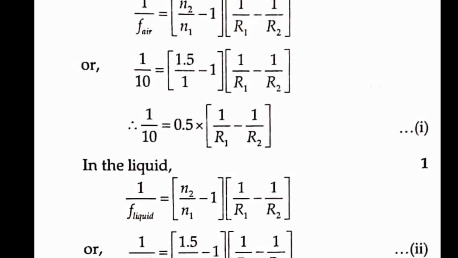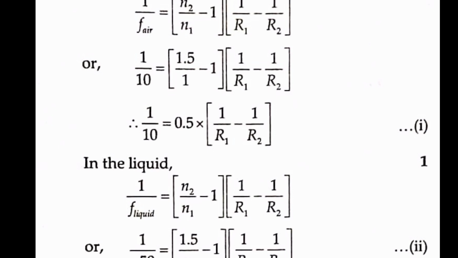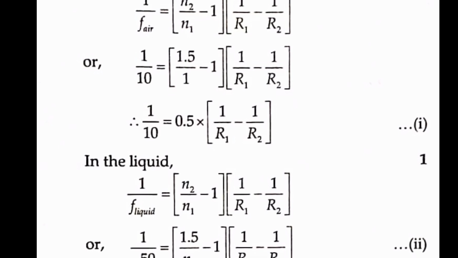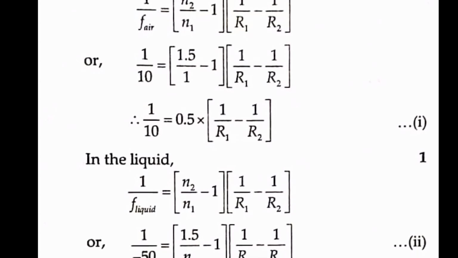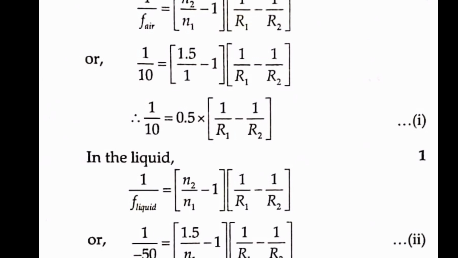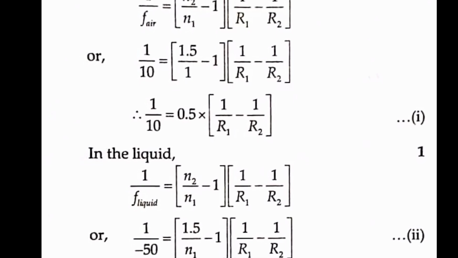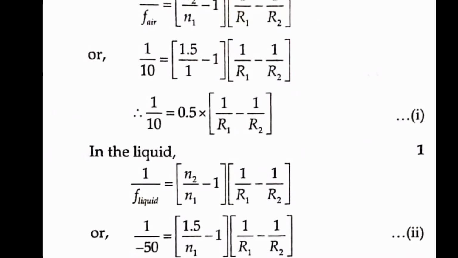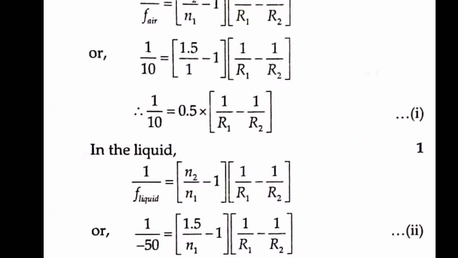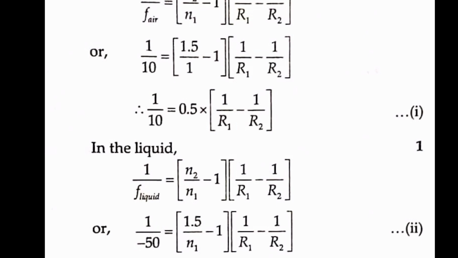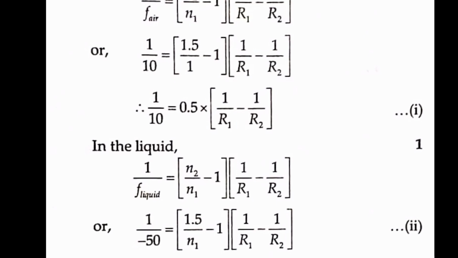So 1 by 10 is equal to N2, the refractive index of the medium of the lens, which is 1.5, divided by N1, that is 1, minus 1, into 1 by R1 minus 1 by R2.